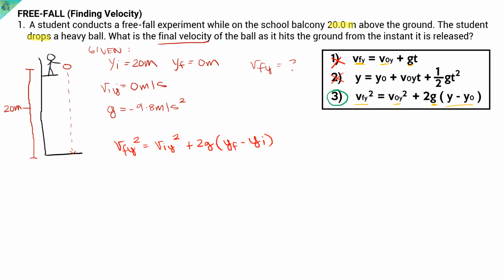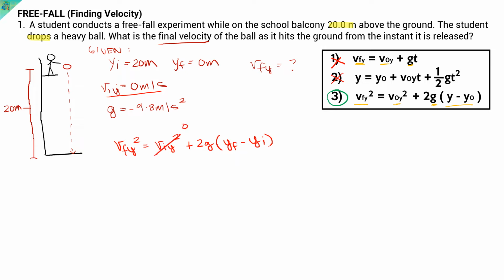Okay, our only concern here is that we're searching for the final velocity, but this is final velocity squared. So we have to isolate the final velocity, and for us to do that, we have to square root both sides. But before I do that, we can cancel out some parts here. For example, our initial velocity is 0, which means this would be 0 squared, so that would be 0.